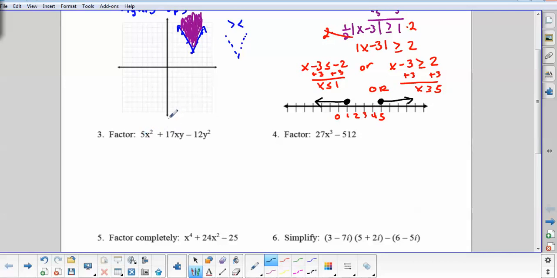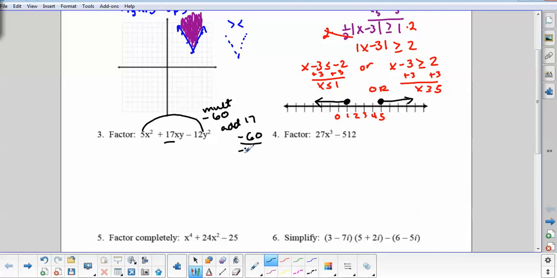Alright, so the method is you take the first coefficient times the last coefficient, so that's negative 60, and you're trying to find 2 numbers that multiply to give you negative 60 and add to give you 17. So I usually just make a list of numbers that multiply to negative 60 until I find the right pair.